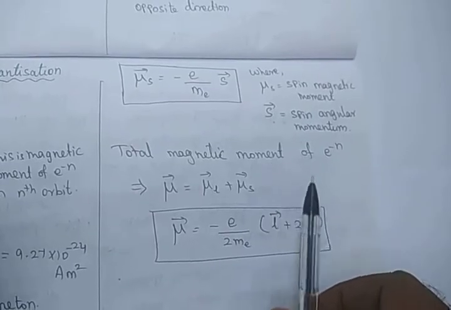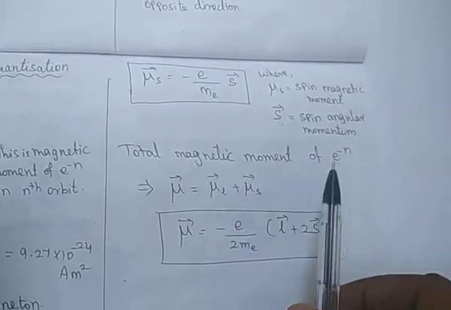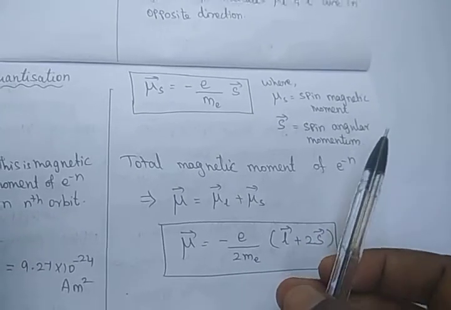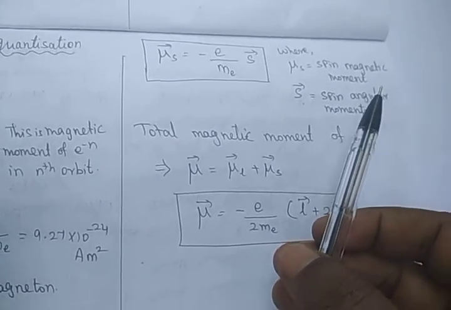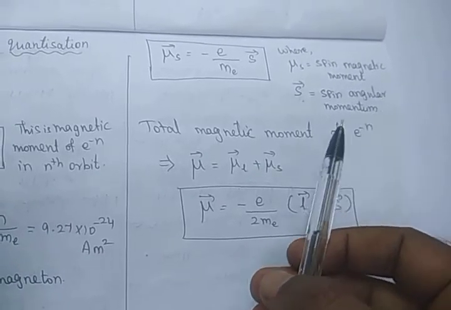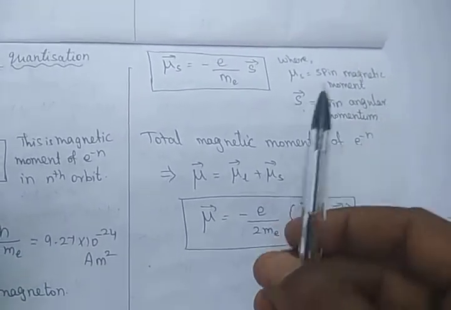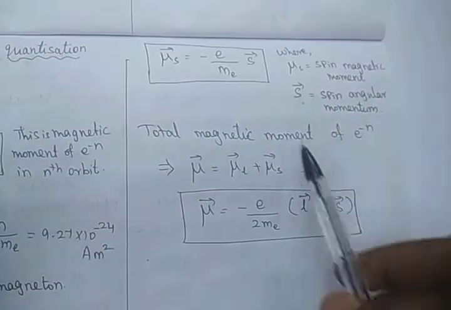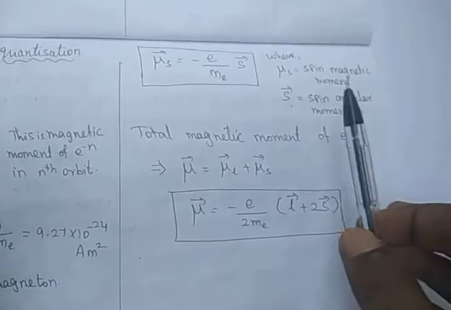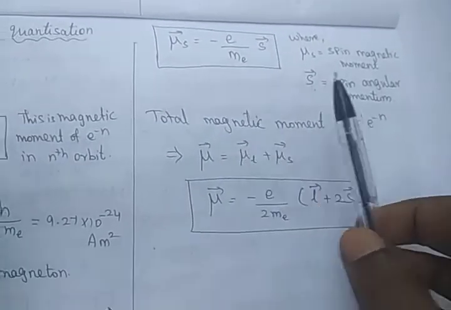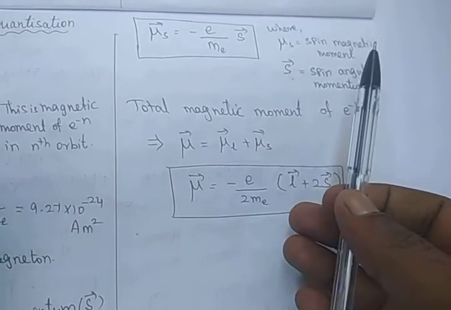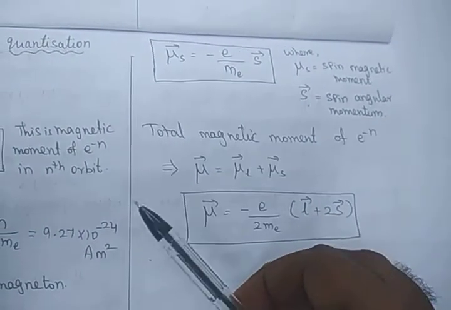Whenever the electron revolves around the nucleus inside the atom, it possesses a magnetic moment. This is the origin of magnetism. The origin of magnetism comes from the electron's motion, which is a revolving motion as well as a spinning motion. Without the electron's motion, no material will possess a magnetic property. You may ask why certain materials act as magnetic materials and certain materials are not magnetic at all.